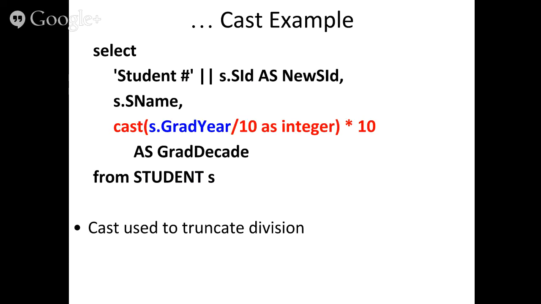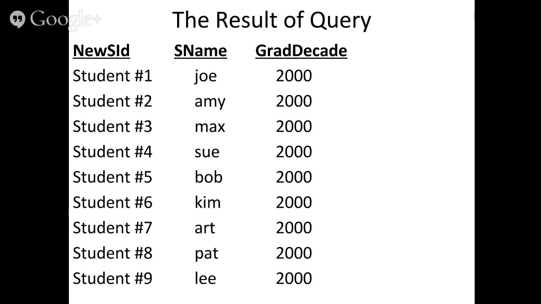That tells us, oh, you graduated in the 2000s, 2010, 2020. What decade did you graduate? So it's 10, 20, 30, 40. Which decade did you graduate? That makes sense? So it says here these all graduated in the decade of the 2000s.